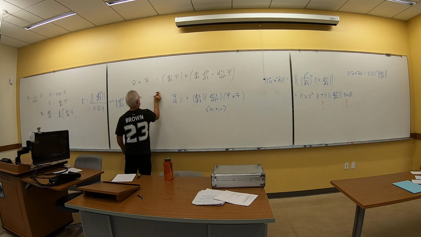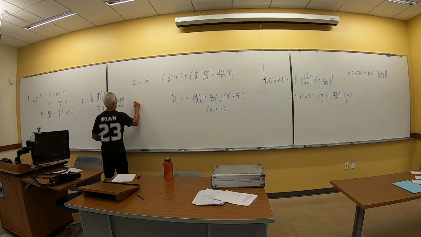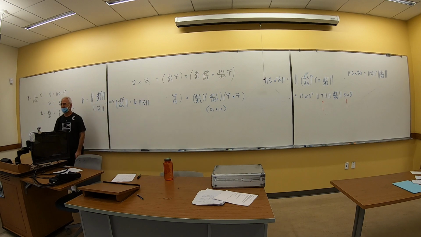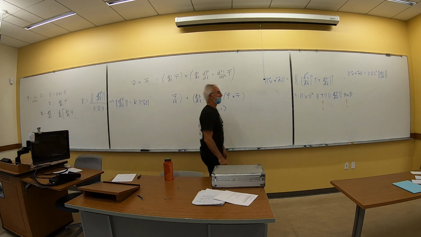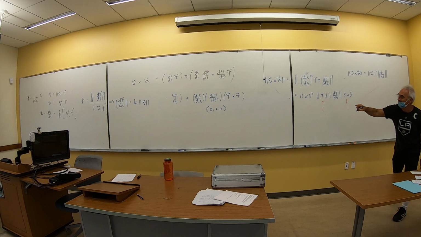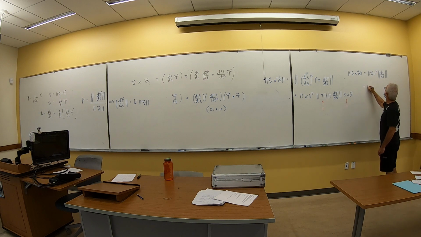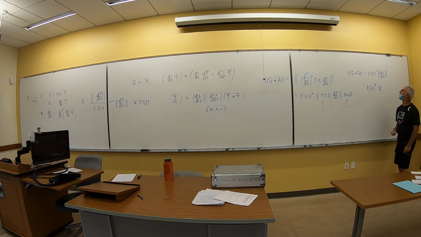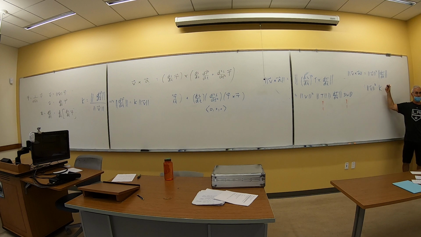Doesn't that mean it's kappa times the magnitude of v? I just replaced this with magnitude of v times curvature.